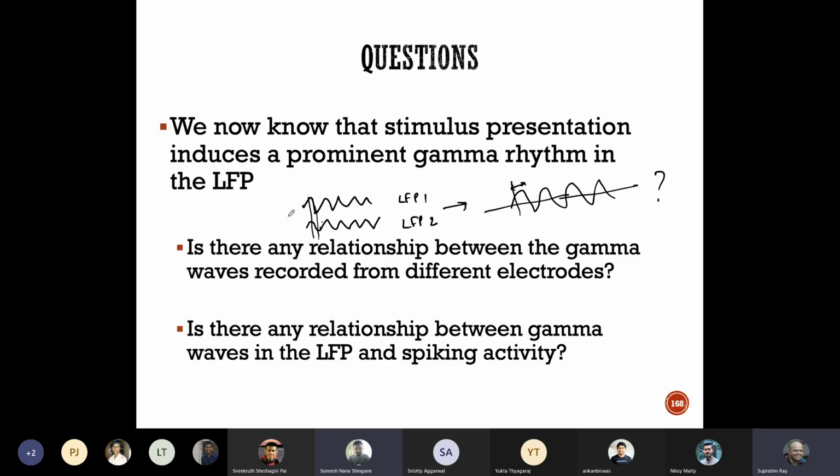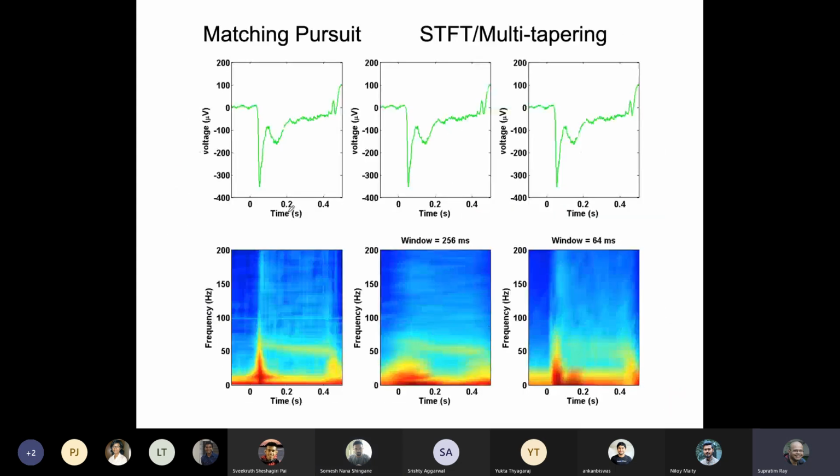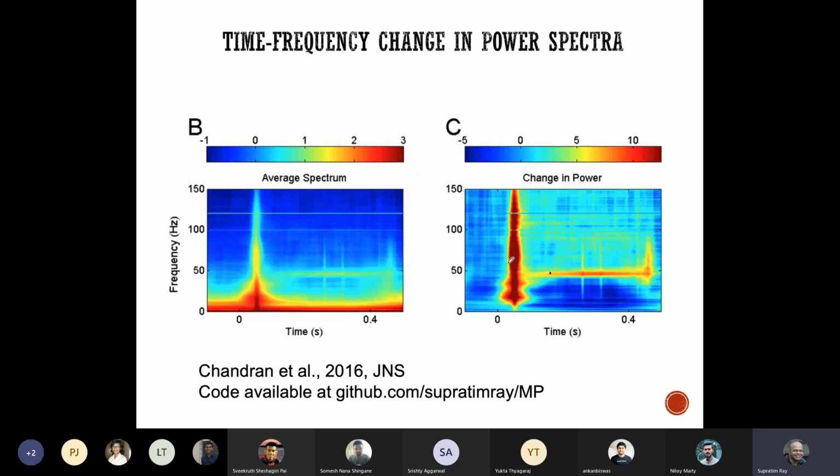Like in the previous part, we compute the Fourier transform and then we get the frequency time plot, a big matrix, with the time window and the frequency, and we get another also for the LFP2, and then we can just overlap them and check whether the gamma rhythm converges between the two. Yeah, so these kinds of analyses only tell you about the magnitude of gamma. They don't tell you anything about the phase.